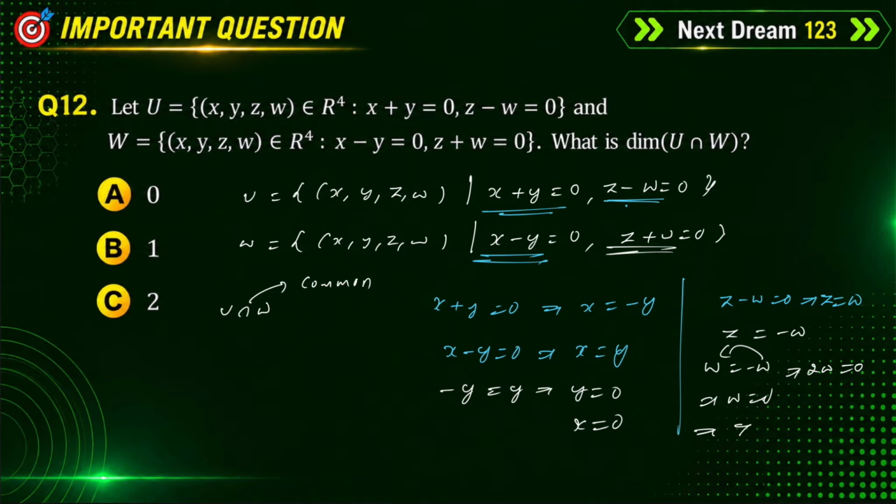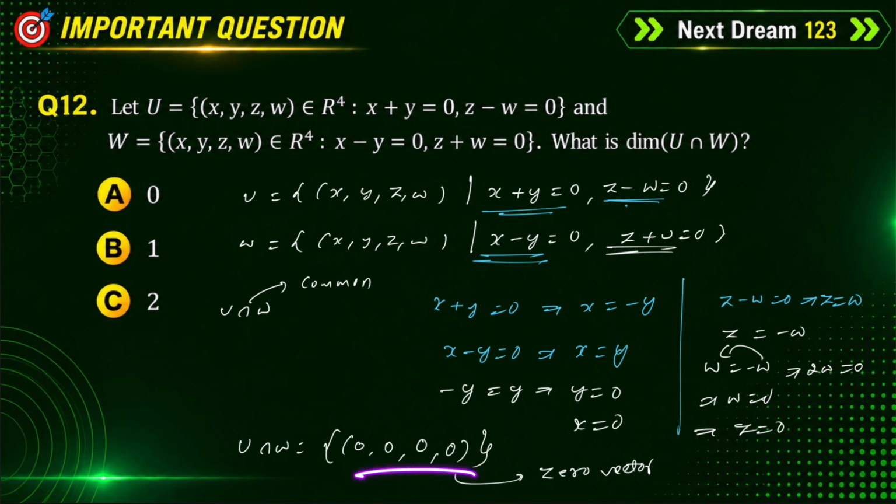If w is equal to 0, z is also equal to 0. Then U intersection W gives x equal to 0, y equal to 0, z equal to 0, w equal to 0. That's it. It is the zero vector. The intersection contains only the zero vector, so the dimension of U intersection W is equal to 0.